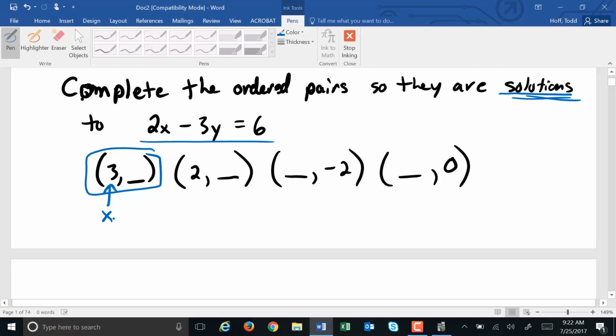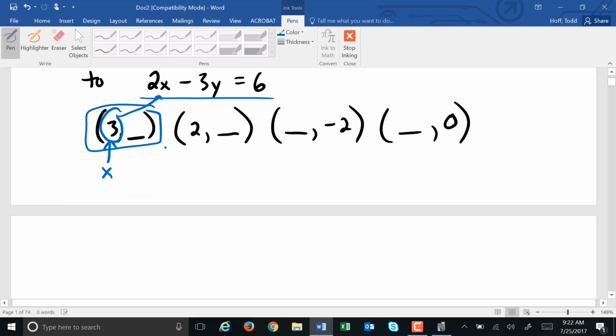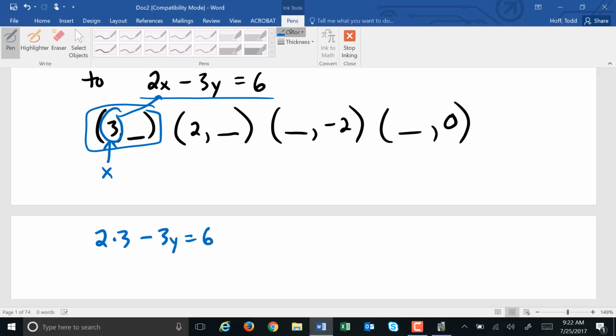It's always x first, then y. So that goes in for x. So instead of 2x, it's going to be 2 times 3. I replaced the x with the 3. And now I can solve that equation for the y.